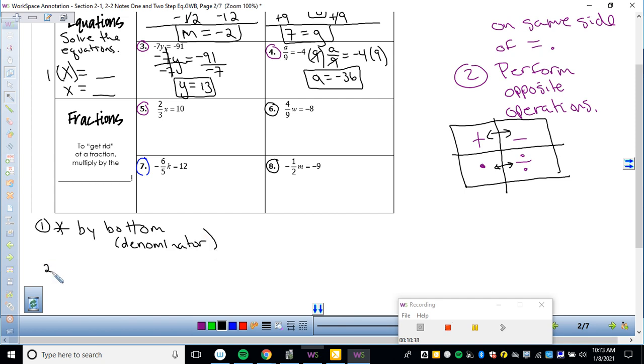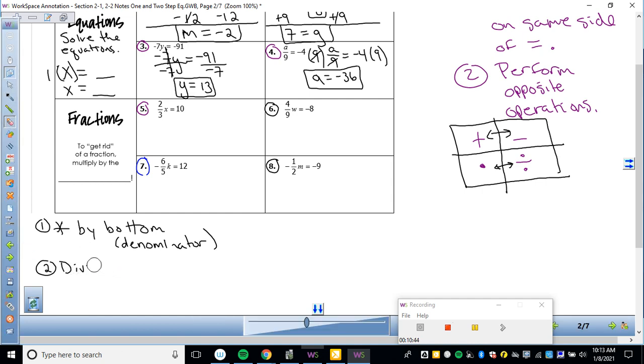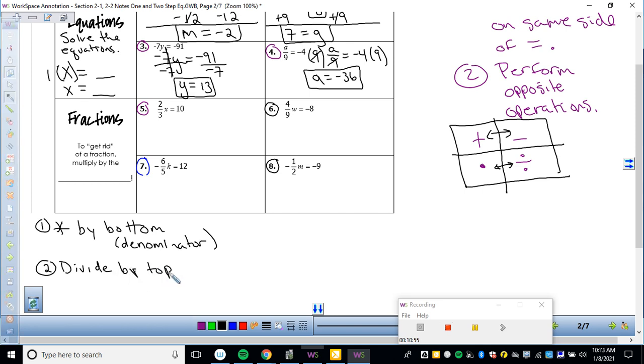And then the second thing I do is divide by the top, the numerator. That stops people from making some errors that I see quite often. The top is called the numerator.